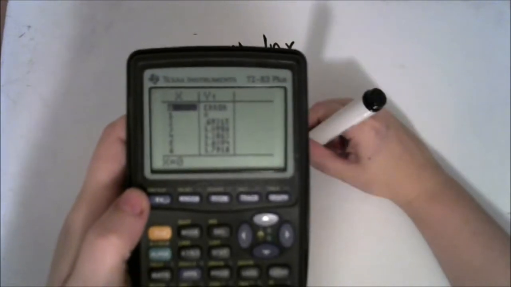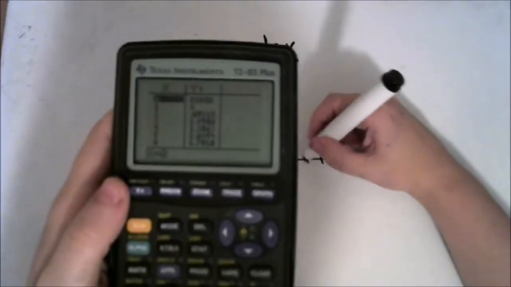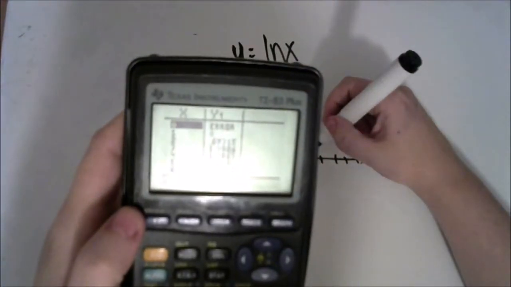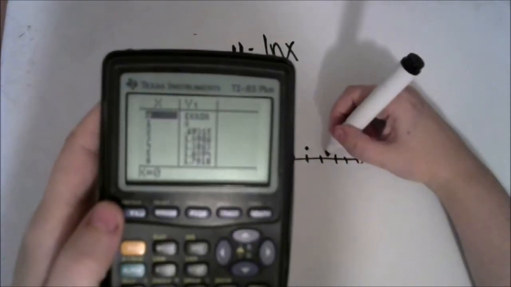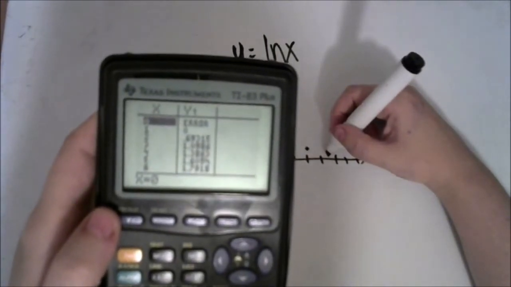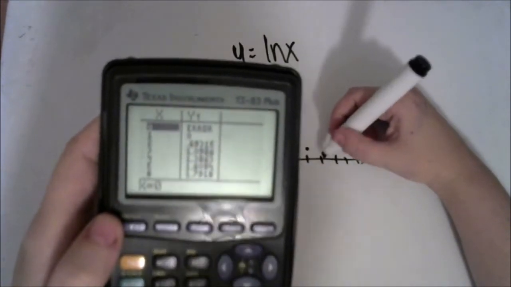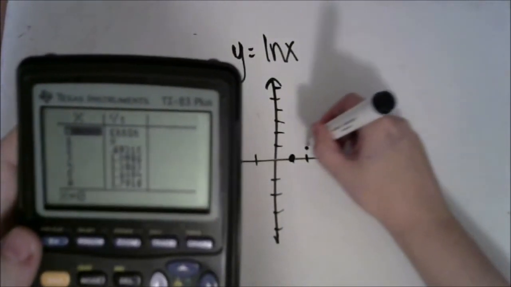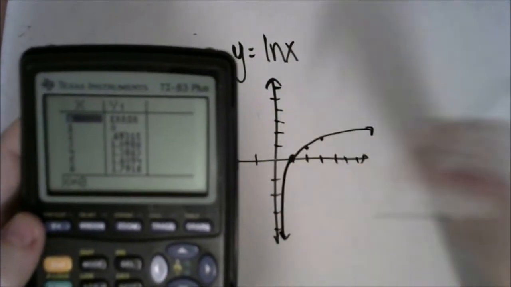So I'm going to take a peek at this table, and I find that this one also has the point (1, 0), but instead of being at (2, 1), it's (2, 0.69), and instead of (4, 2), it's (4, 1.3). And I'm going to just graph 1, 2, and 3 as my 3 points. So 3 is at 1.1. My asymptote is where the error occurs, so you can see the first error is at 0, and I'm not going to cross the y-axis.